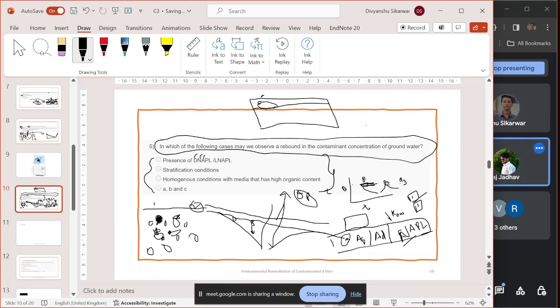Lower than water. So some of it might get dissolved, but it won't sink to the bottom. It will mostly stay on the top. This type of liquid is basically LNAPL.